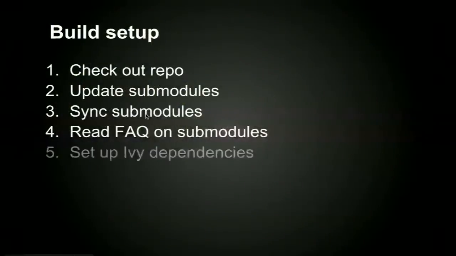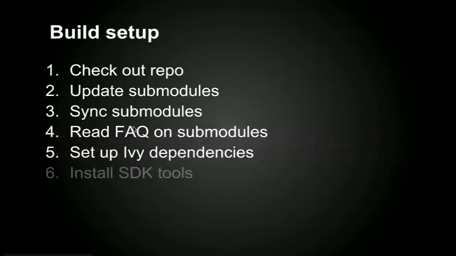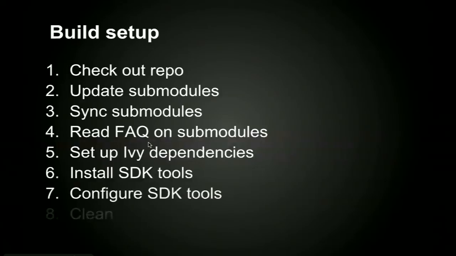I don't either. Then you set up your Ivy dependencies, and you have to run this specific script, like setup Ivy or whatever. We've made a task for that, but you have to run that before you start using your IDE. Then you install the SDK tools. Then you configure your SDK tools, and then you clean. Finally, you build. Step 10, pray to God it works.